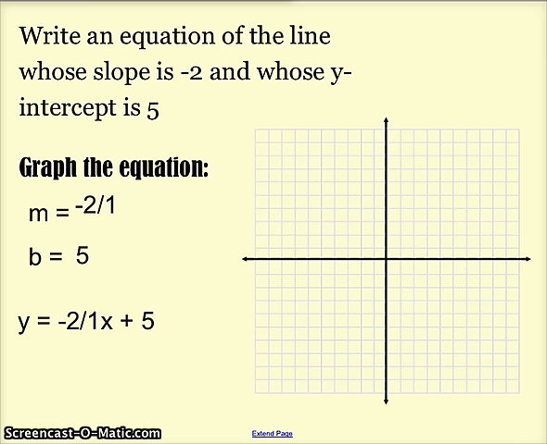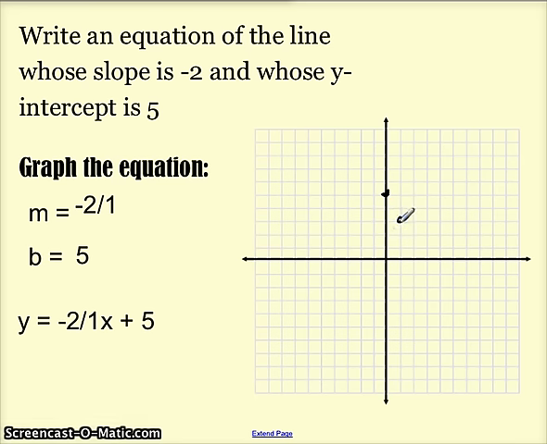So the way we plot this is we start on the y-axis at our y-intercept. So because the y-intercept is 5, I go 1, 2, 3, 4, 5 and mark my first point. Now, from this point, I can use this as my initial point. My rise is down 2 over 1.